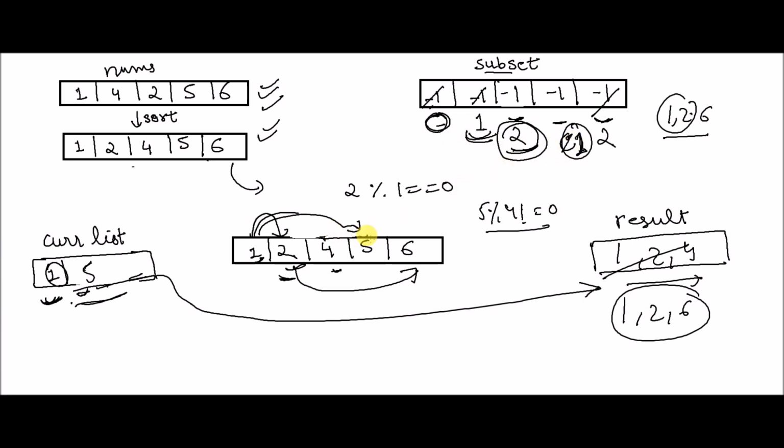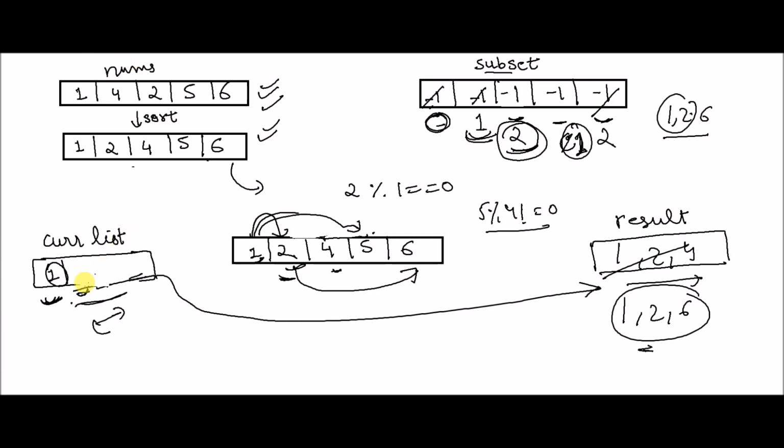Now from 5 I'll try to go anywhere after it, but you can't go anywhere after 5. So retract back and take 5 out. You can also see that the length of the current list is less than the result, so we don't have to do anything and simply take 5 back.